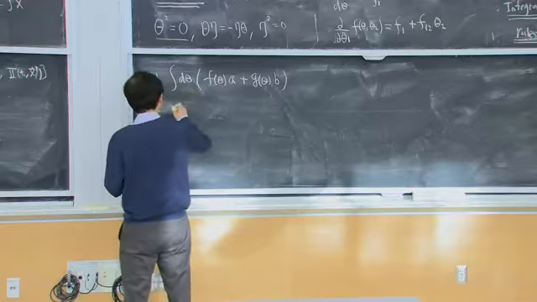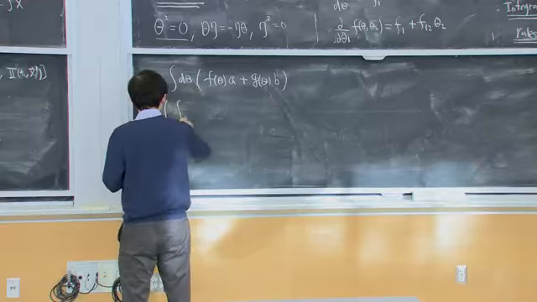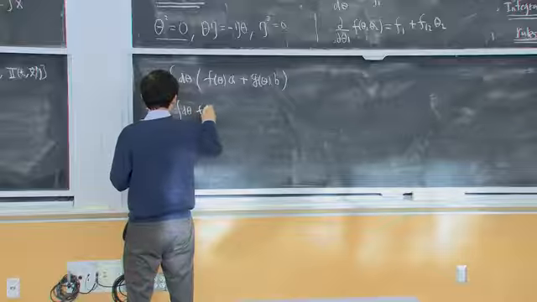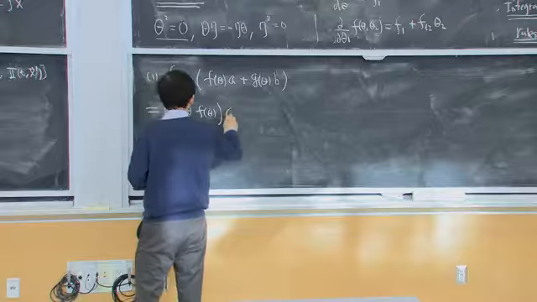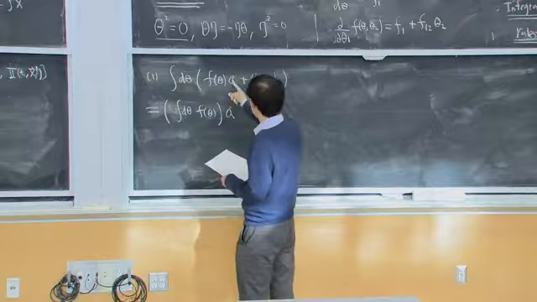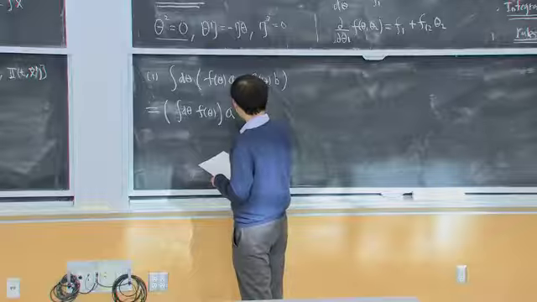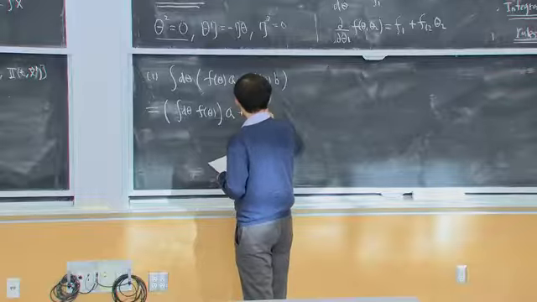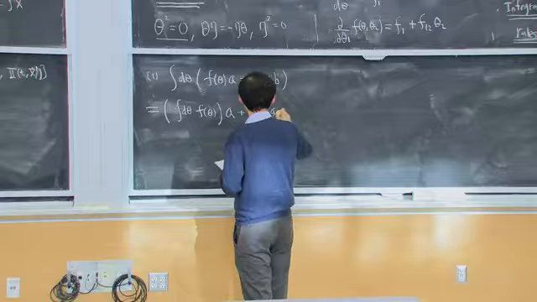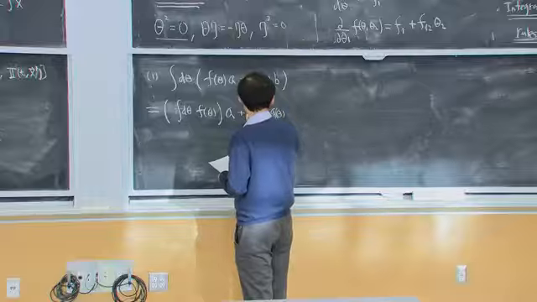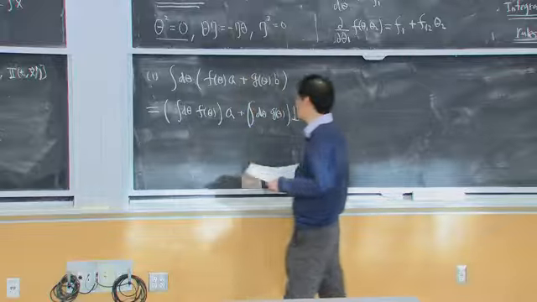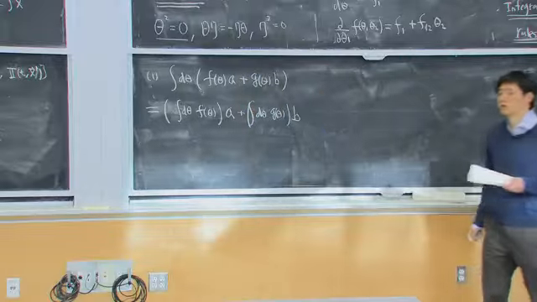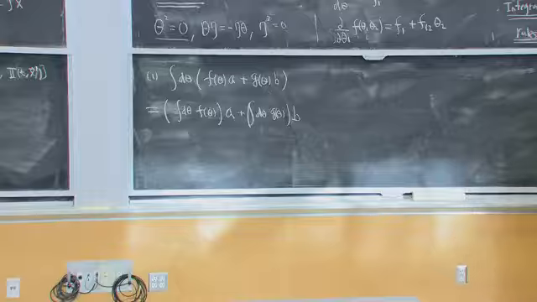This means that this is the same as the integral d theta f theta times a, where a is just a constant, so you can take it outside the integral, plus the integral d theta g theta times b. So the operation should be linear.